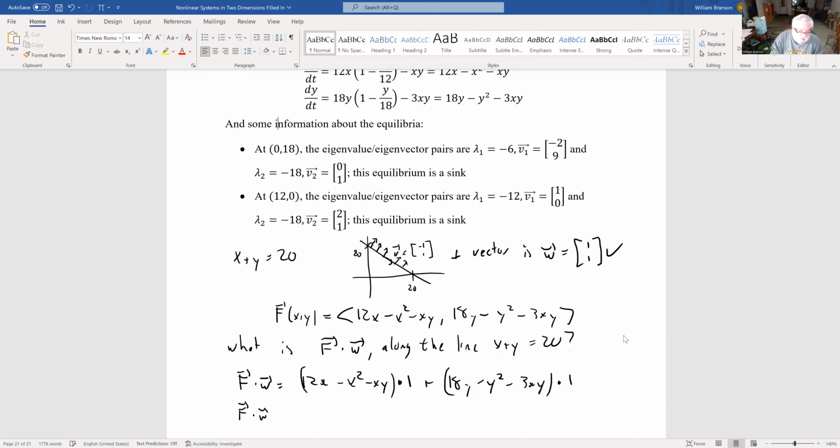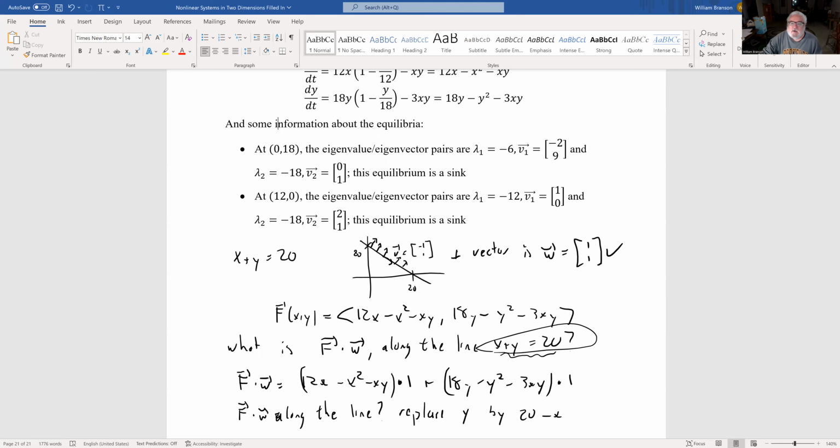But we want it along this line, so it means replace all the occurrences of y by 20 minus x, because if you solve that for y, that's what you get. And I'm not going to punch that in here and grind it out. It's a lot easier just to do that on the computer.